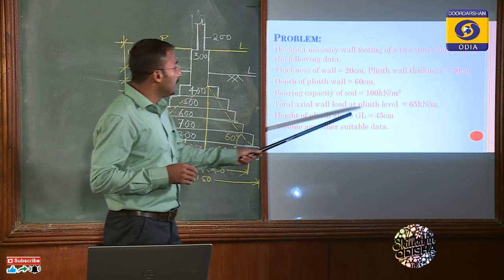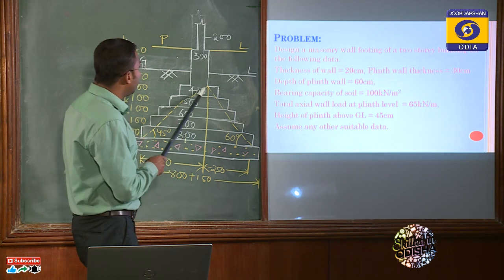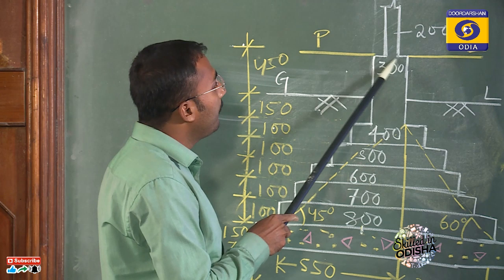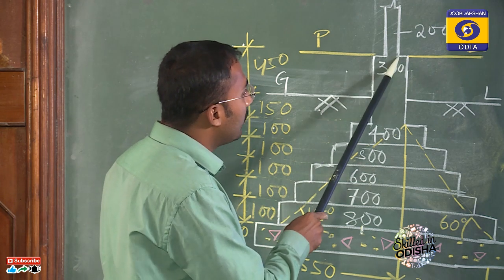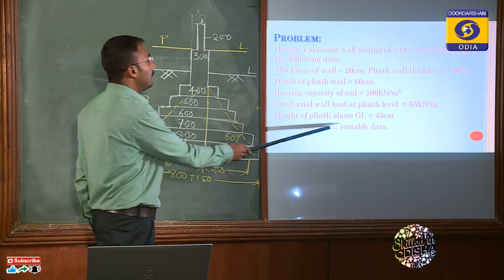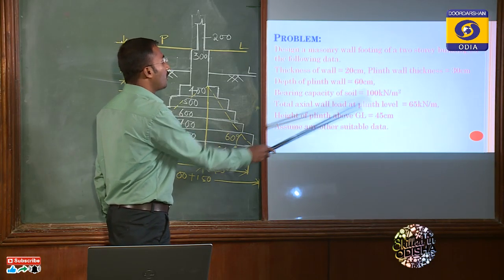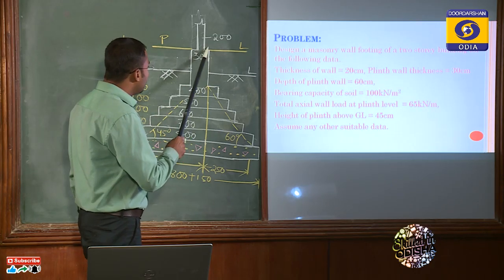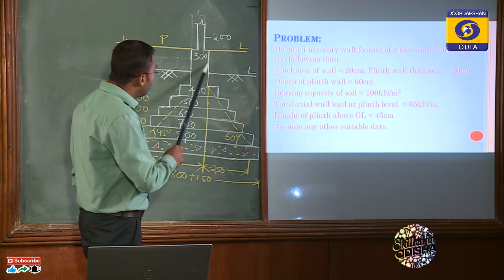Look at here, this is the plinth level, and at the plinth level the load is 65 kilonewton per meter. The height of the plinth above ground level is 45 centimeter. This is the ground level and this is the plinth level. This is the total height of the plinth wall.